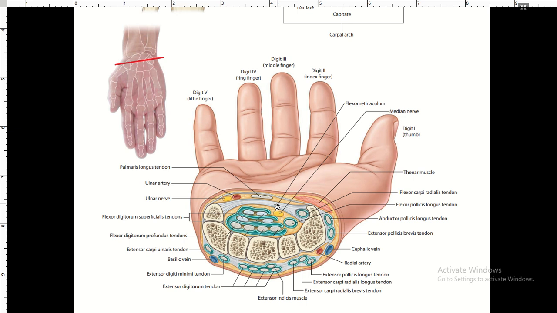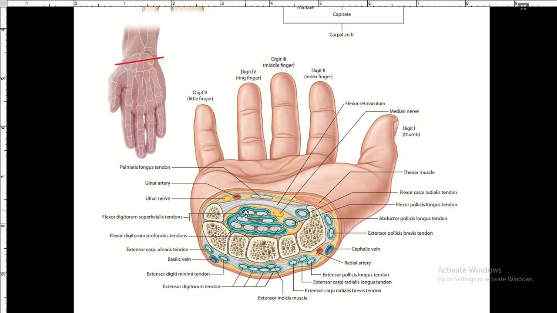As it attaches laterally to the trapezium, it's going to have a superficial part and a deep part, so we are going to have sort of an individual canal right here, a tunnel per se, that is going to transmit the flexor carpi radialis tendon, accommodated in its own synovial sheath, right?